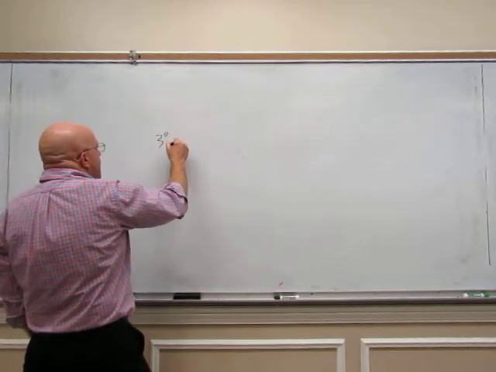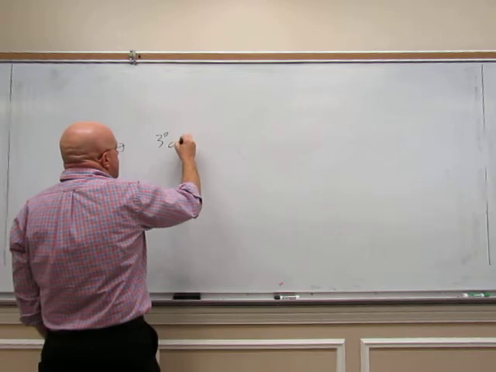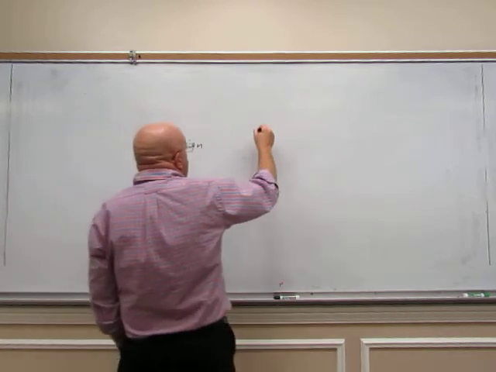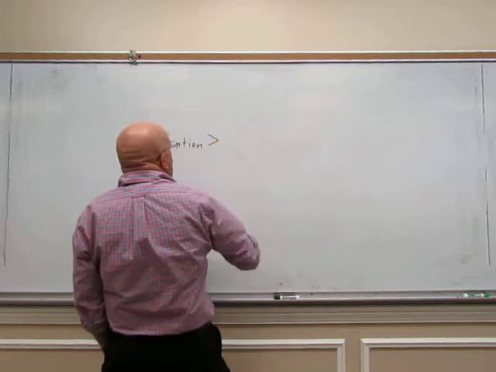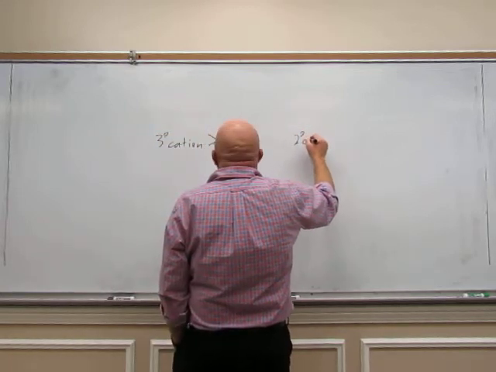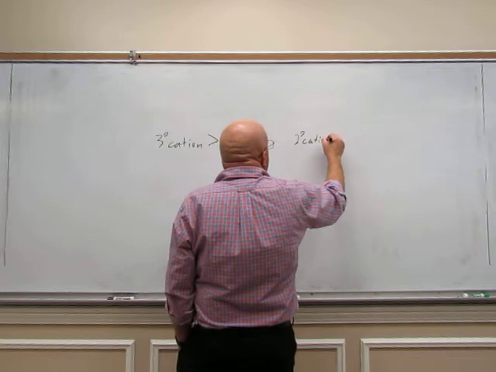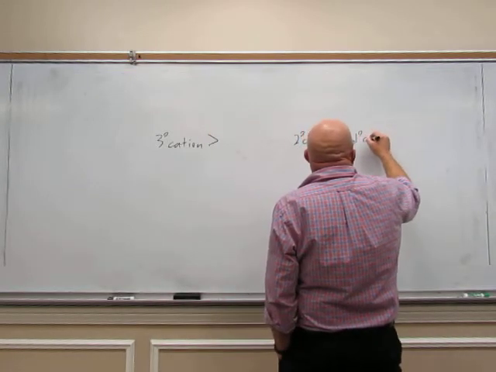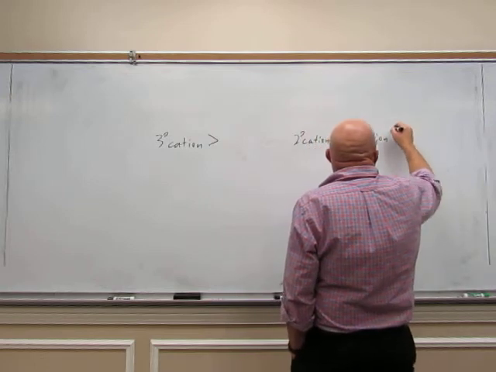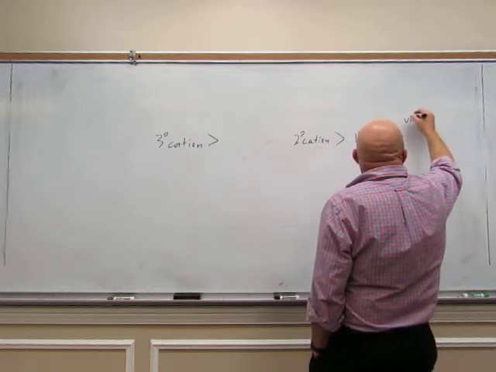A tertiary cation is more stable than a secondary carbocation. Secondary is more stable than a primary carbocation. Primary is more stable than a vinylic cation.